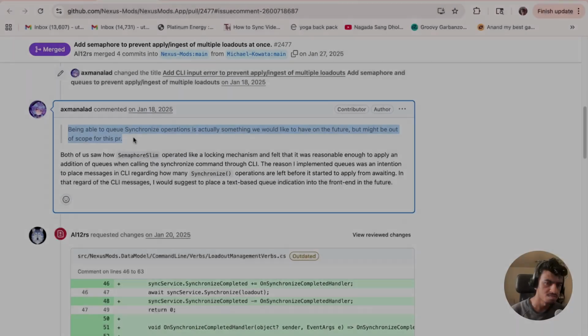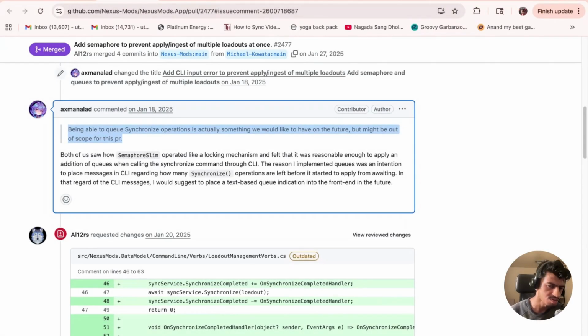So the maintainer mentioned this not as a serious comment, more an offhand comment. He said, being able to queue synchronized operations is actually something we would like to have for the future, but might be out of scope for this PR. So if the students wanted to, they could have implemented this queuing solution.